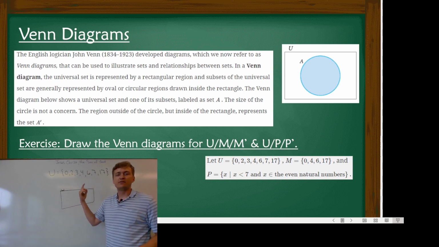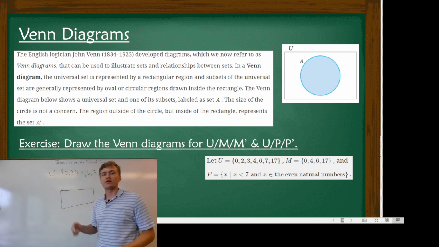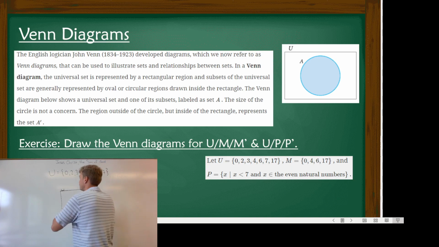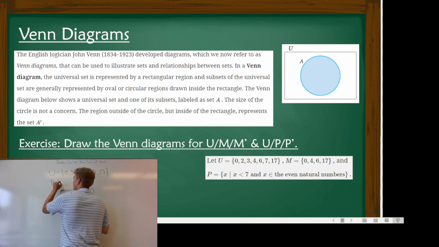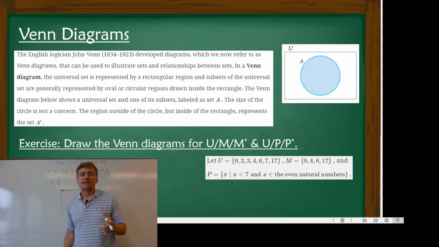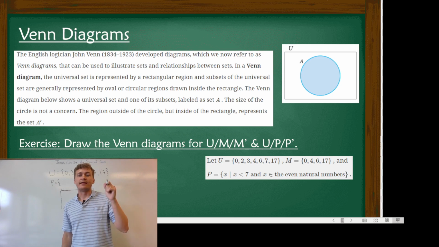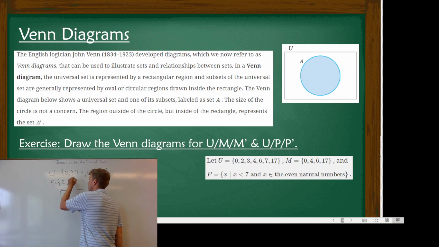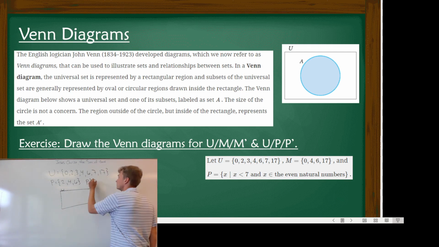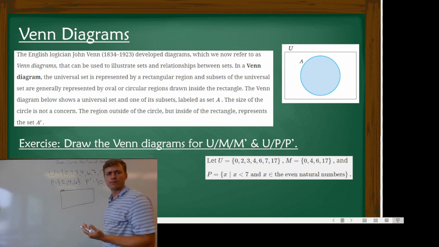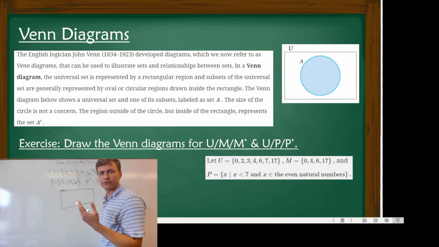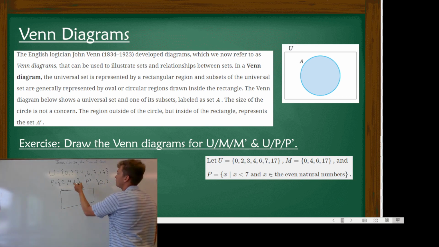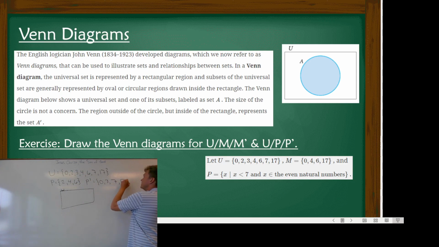Our universal set is still the same. So I'm going to use the same rectangular box for U. P, however, is numbers less than 7 and even natural numbers. So numbers less than 7, that is 6, 4, and 2. So the complement of P, everything else, is 0, 3, 7, and 17.